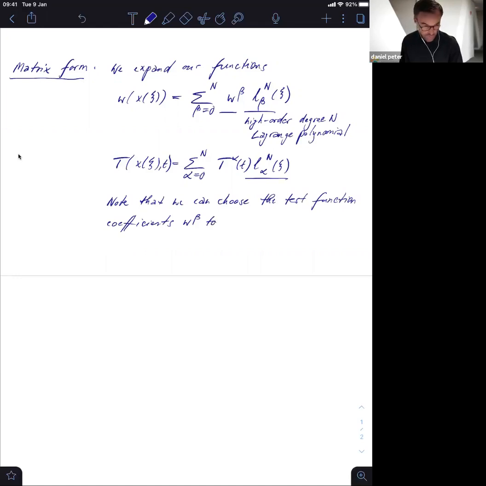We can choose them so that, for example, they are all equal to 0 except 1, which we will set to 1, the coefficient.